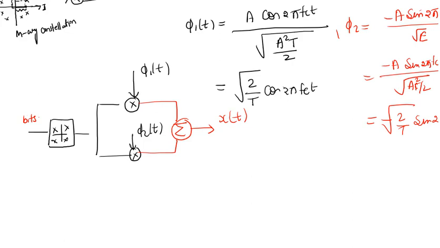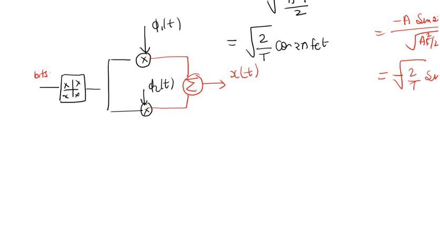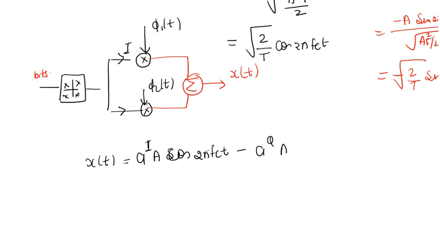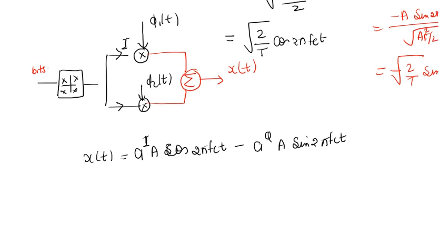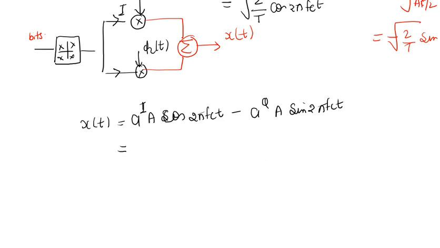One more way we can represent this type of transmitter, which has both an I channel and a Q channel. If you remember, x(t) is A cos 2 pi fct minus, so here the in-phase part of the constellation point goes from here, and the quadrature part of the constellation point is transmitted.